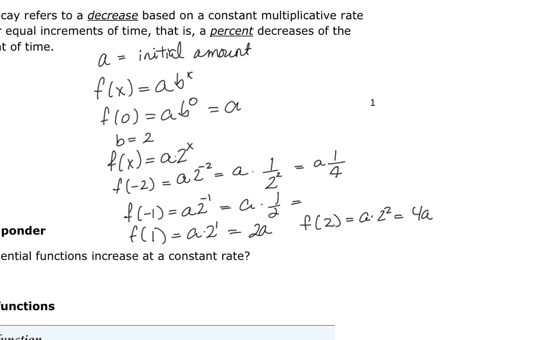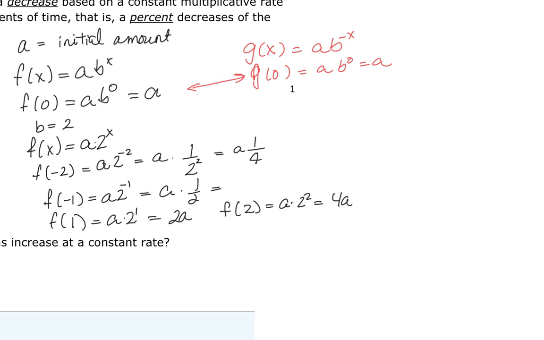So we know this is increasing. Now let's do g this time. Let's do g of x is equal to a b raised to the negative x. Again, g of 0 is going to just be a b to the 0, which is still a. So you can see that these two will produce the same initial output when x is equal to 0.